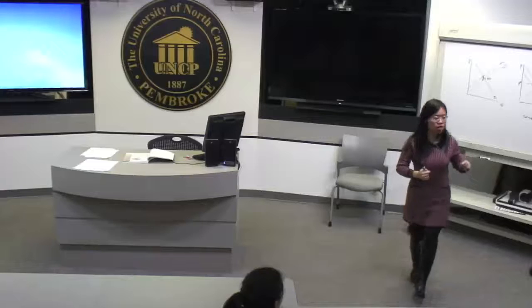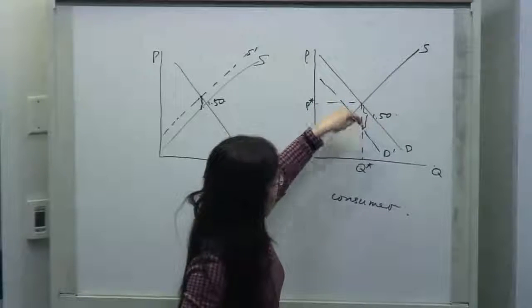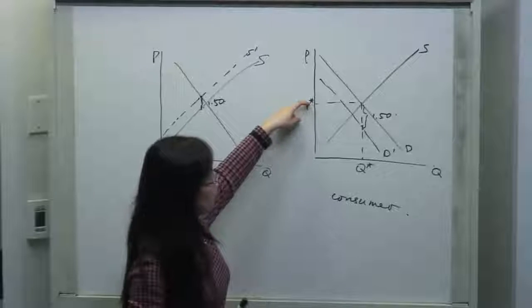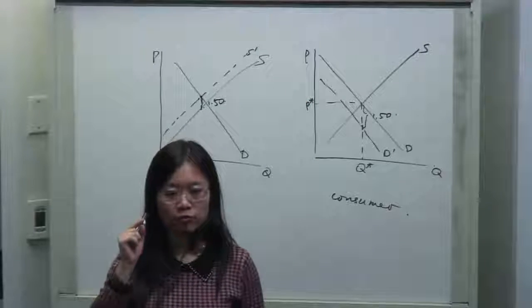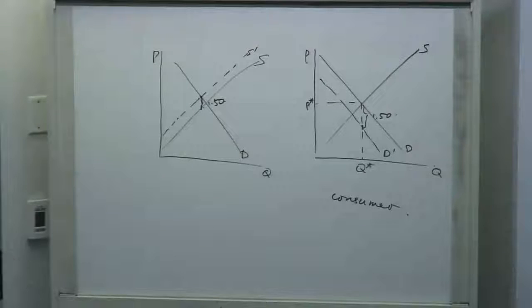So for each point along the demand curve, it's going to shift down by $1.50. And that tells you that the price they're willing to pay is going to be $1.50 less, right? Because they have to pay the government $1.50. So is everyone with me here?